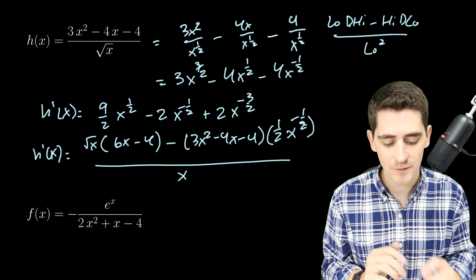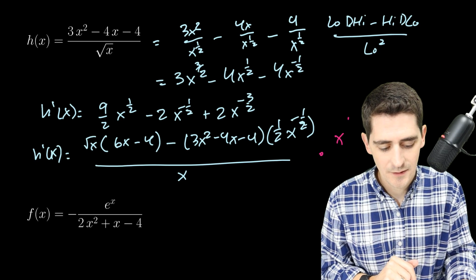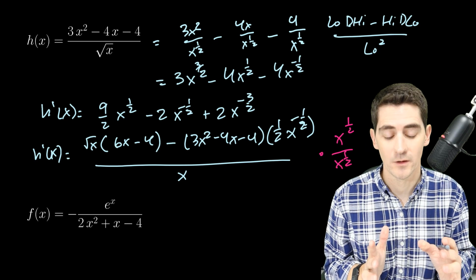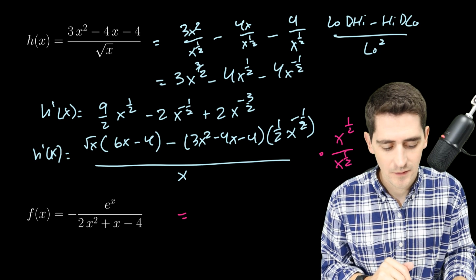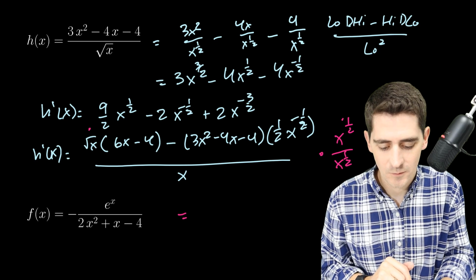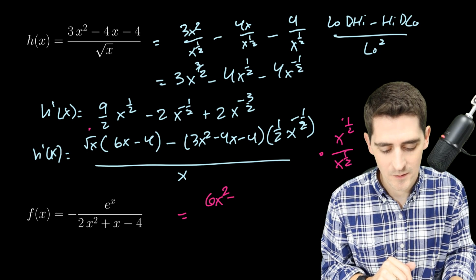If you want to know how to simplify this, you can multiply everything in the numerator by the square root of x, and the denominator by the square root of x. And so if I do that, distributing across, I have square root of x times the square root of x, my first term, that just becomes x. So I end up with 6x squared minus 4x.